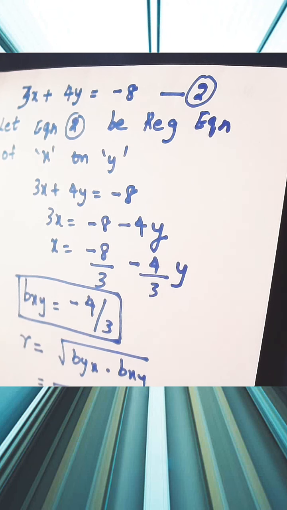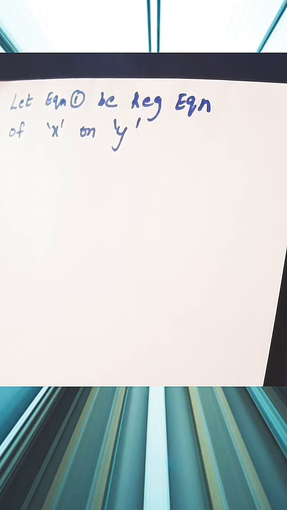We take equation 1 as the regression equation of x on y. So, let equation 1 be the regression equation of x on y. The same thing we have to follow up.